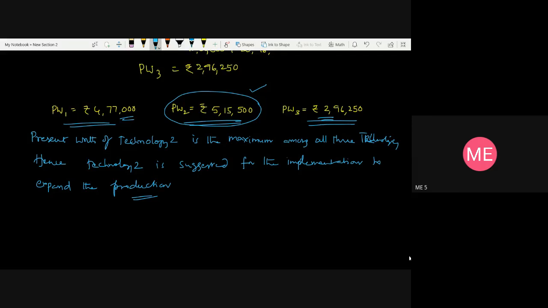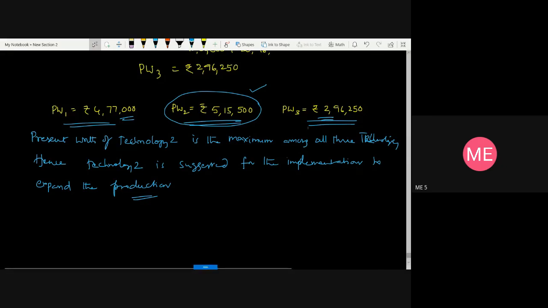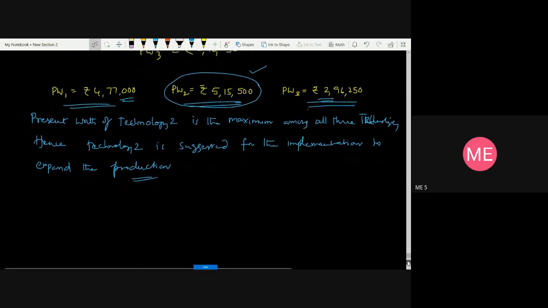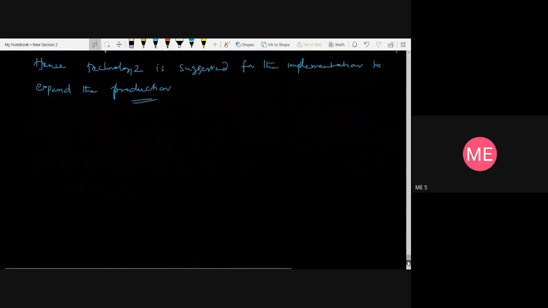That is why technology 2 is suggested for the implementation to expand the production process. So this is about the present worth comparison, how we do it and how you take the decision based on the present worth calculations. Similarly, I will take one more problem.